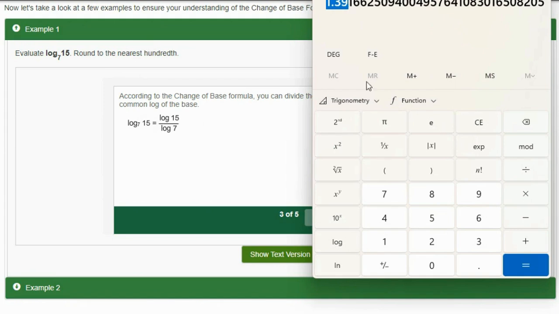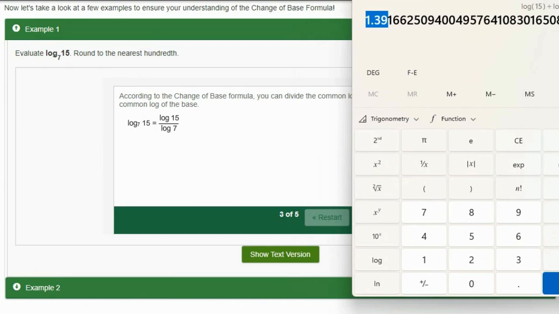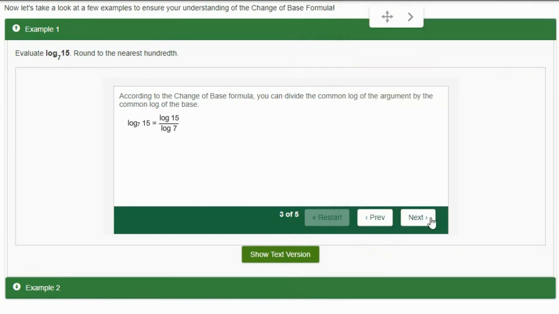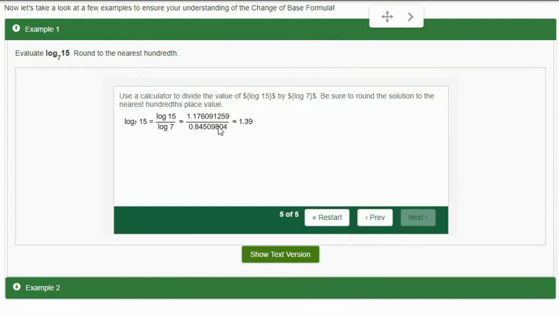Our answer should be 1.39 rounded to the nearest hundredth. Is that what you got? We can divide that. It's about 1.176 divided by 0.845, 1.39 rounded to the nearest hundredth. Dividing log 15 by log 7.